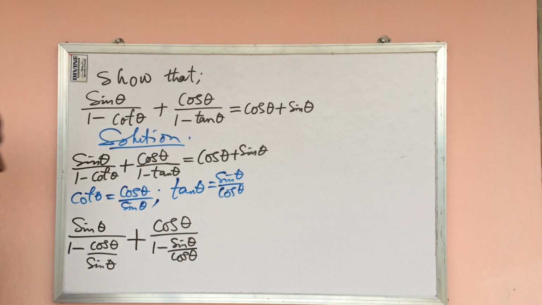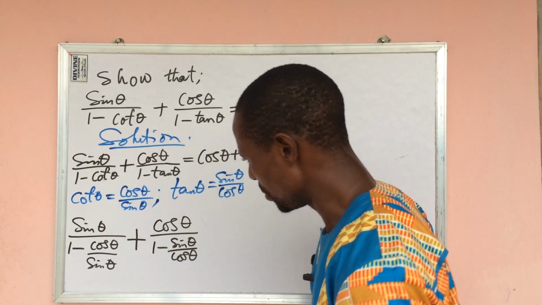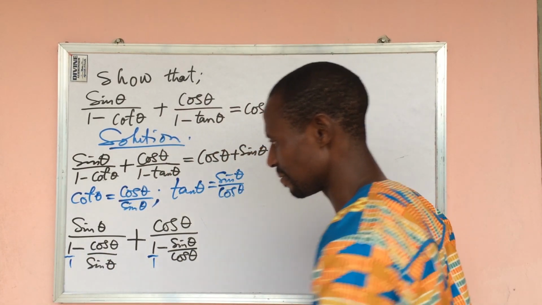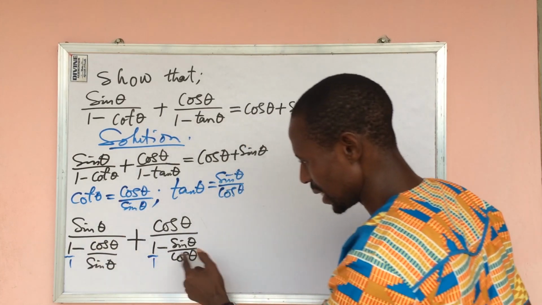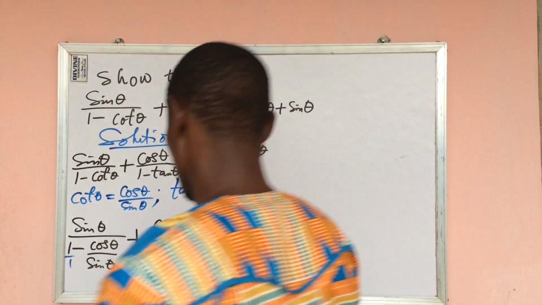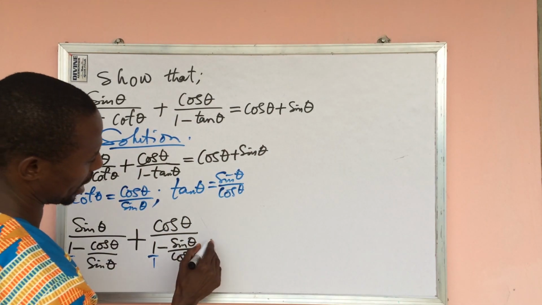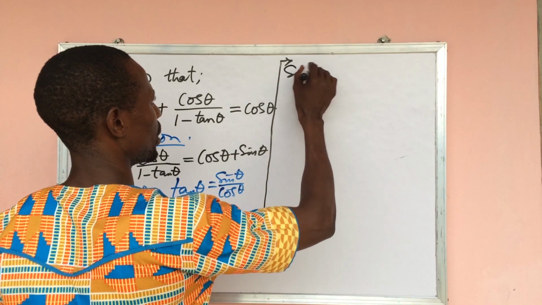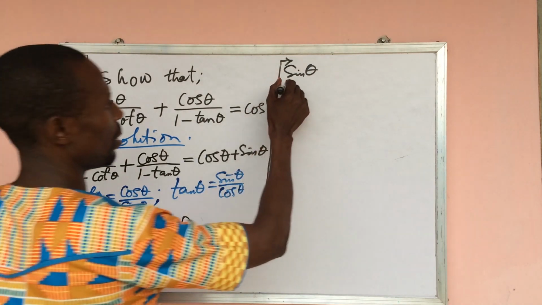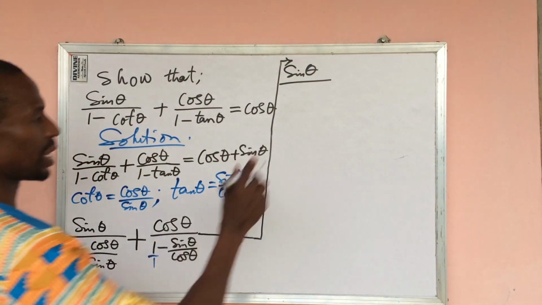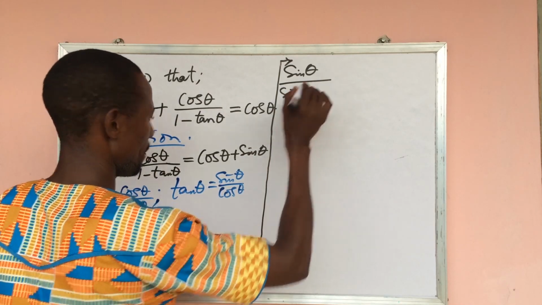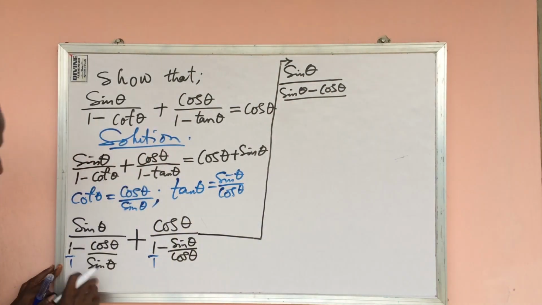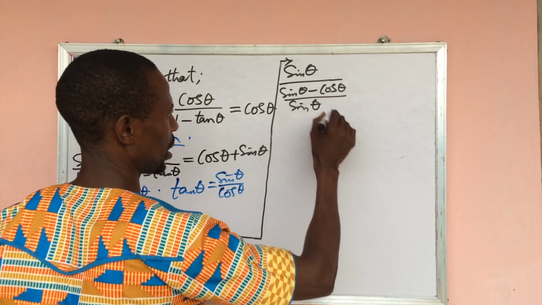Very easy. Now at this point, mind you, this one is all over 1, and this is all over 1. What if I decide to find the LCM of the denominator? Find the LCM of this denominator here. So this gives sin theta all over, this times this will give sin theta minus cos theta, all over the LCM sin theta.